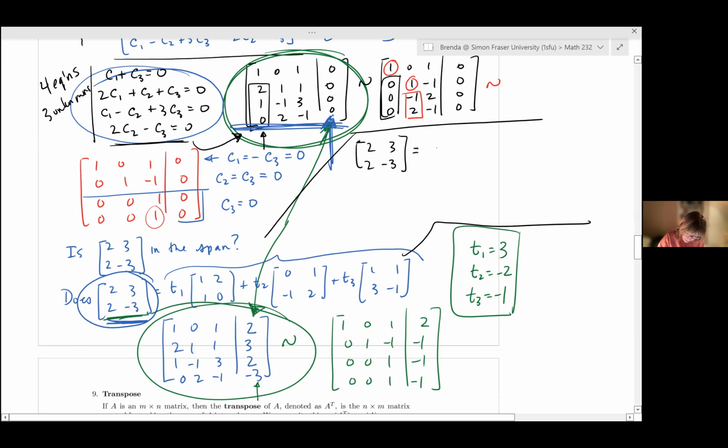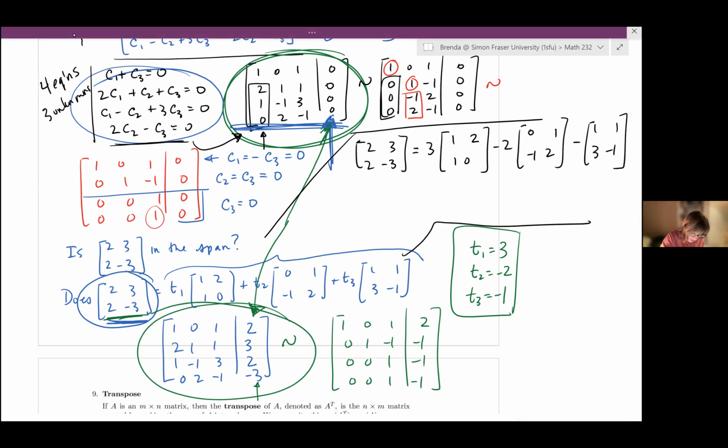Does that equal 3 times, that's T1, 3 times 1, 2, 1, 0, minus 2, that's T2, times 0, 1, minus 1, 2, minus T3, minus 1 times 1, 1, 3, minus 1. There it is. Okay, and then you can easily do this. I'll just do one of the 4 of them. You can do the other 3.